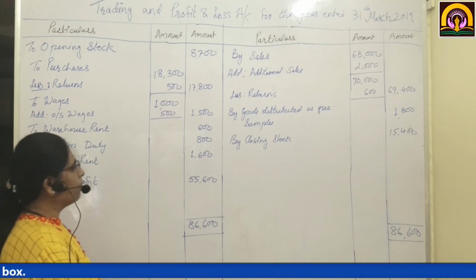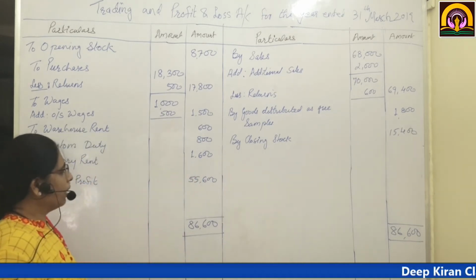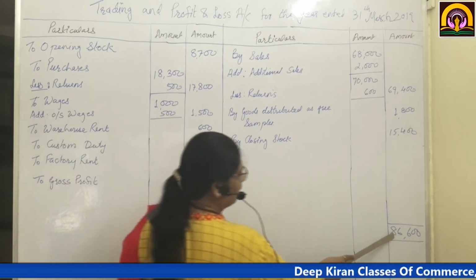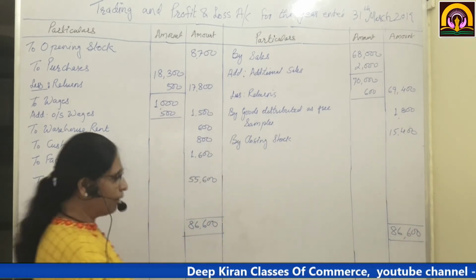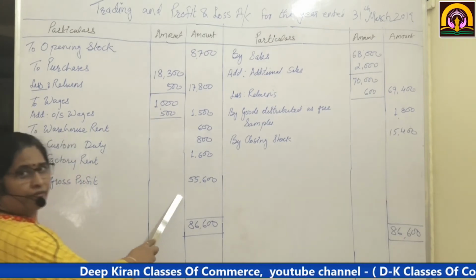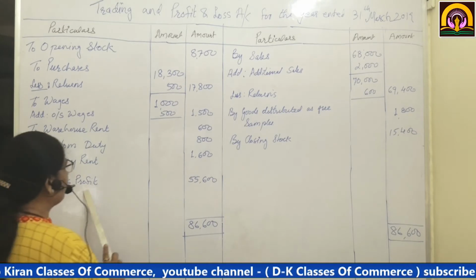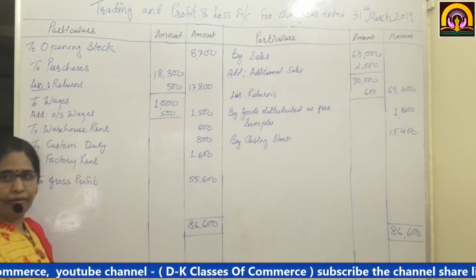This total comes to 31,000. Debit side total comes to 31,000 till here. Then you will subtract 86,600 minus 31,000. So your gross profit is rupees 55,600. Is it clear? Your gross profit is 55,600.